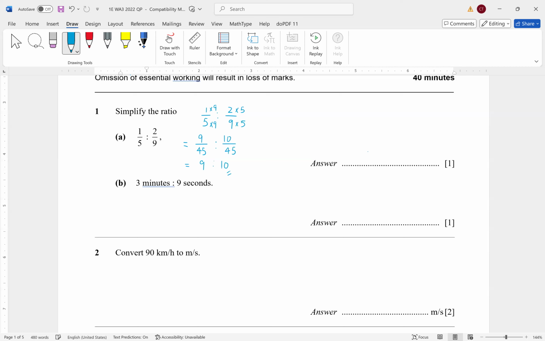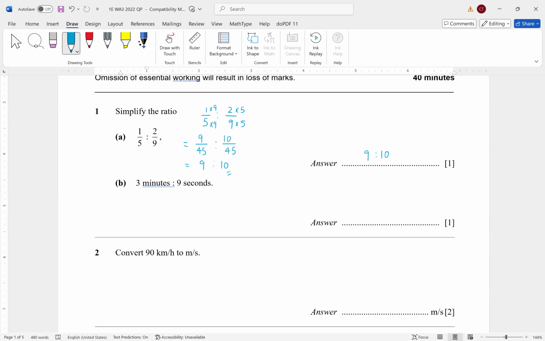All right, let's move on to question 1B. We're asked to find the ratio of 3 minutes is to 9 seconds. To compare a ratio meaningfully, we must ensure that the units on both sides of the ratio are the same. So we need to convert 3 minutes into seconds.